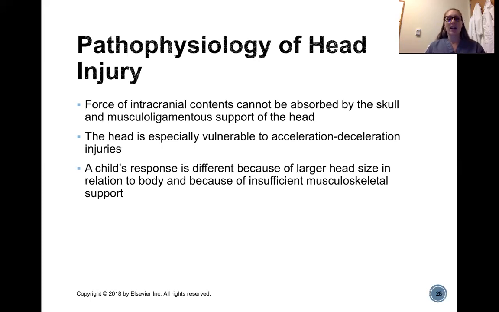We could have acceleration injuries or deceleration injuries. And keep in mind that a child's head is big compared to their body, especially compared to an adult. So the head is going to take the brunt of a lot of things, and their necks are not developed. Their musculature is just not as developed to stop it from moving rapidly.